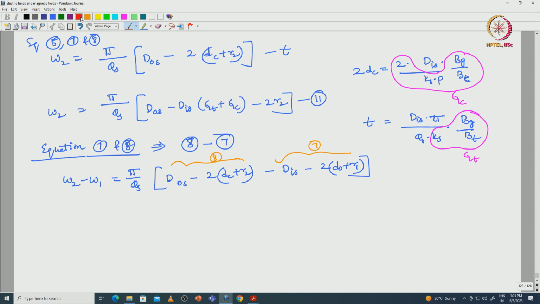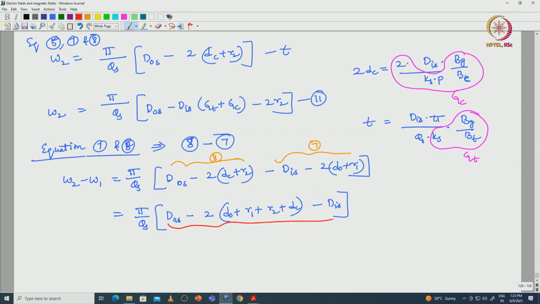Finally, pi by Qs into D naught S minus 2 into D naught plus R1 plus R2 plus DC minus DIS, right.